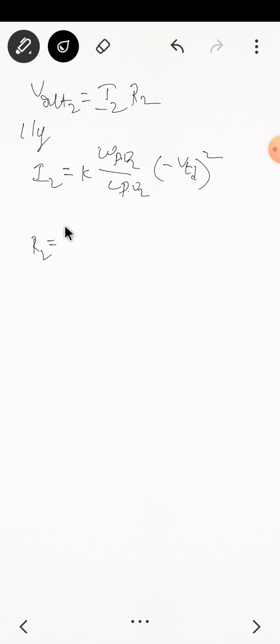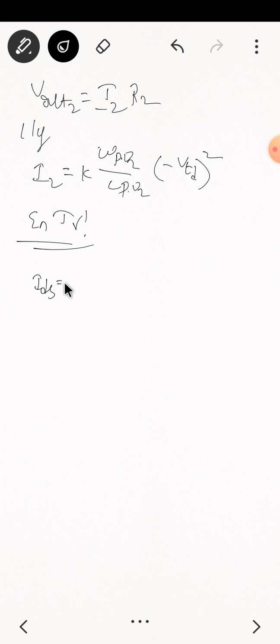And in this R2 we have only one difference. Before that, I am taking the enhancement mode transistor. I am going to find the IDS value.